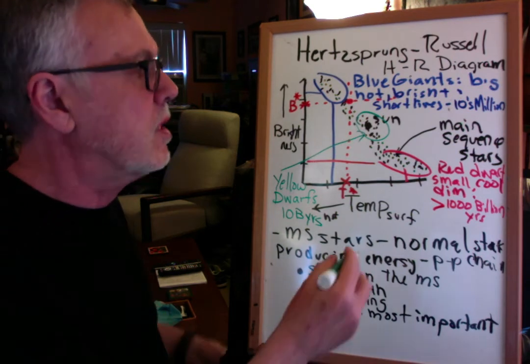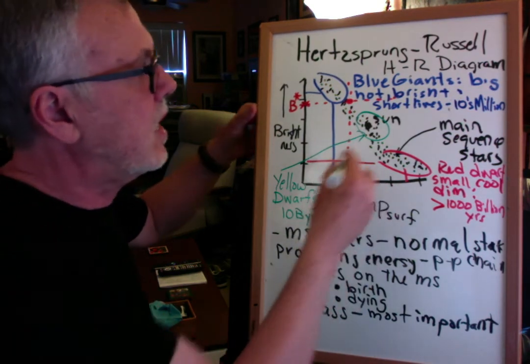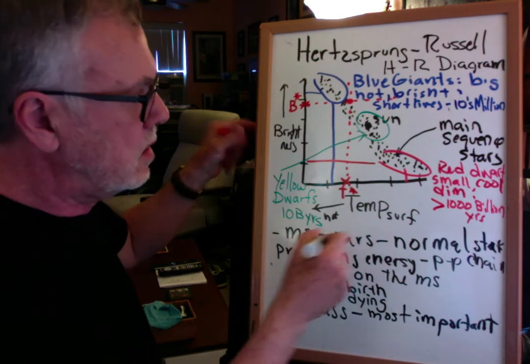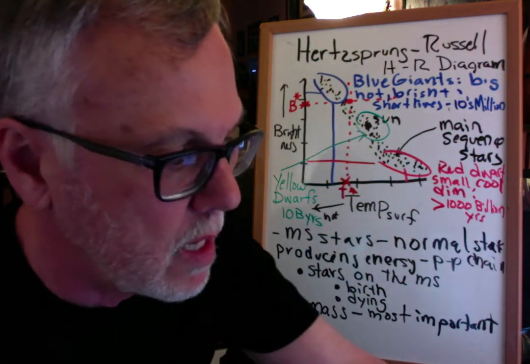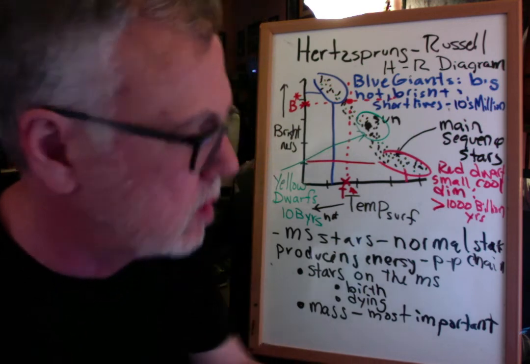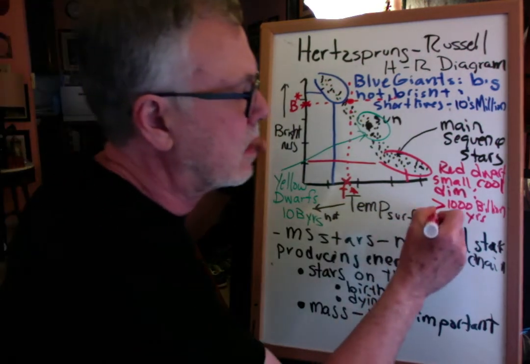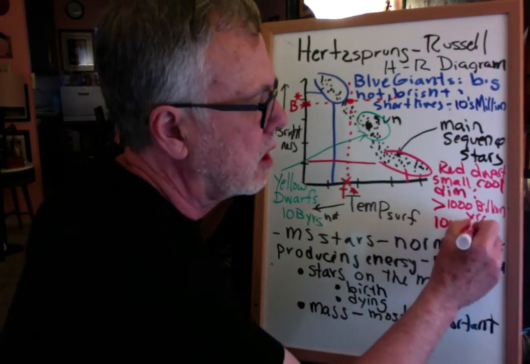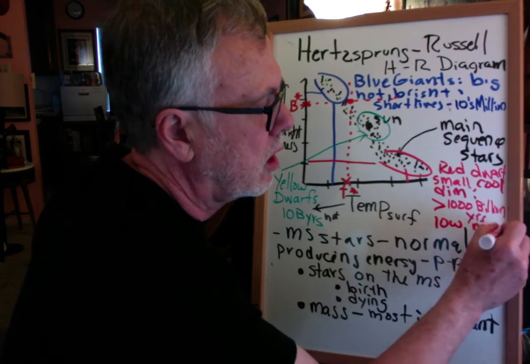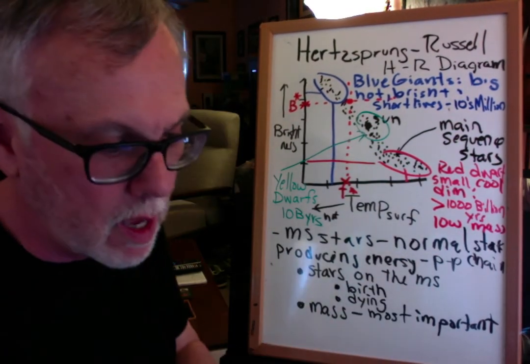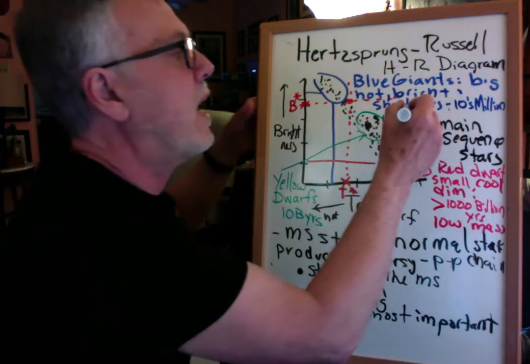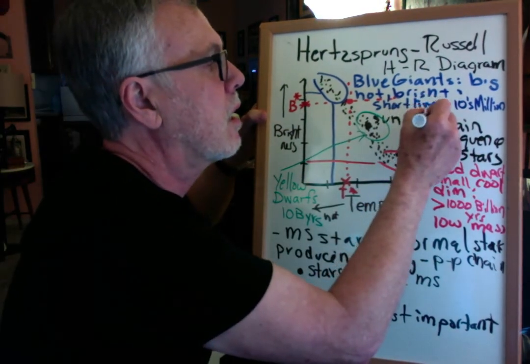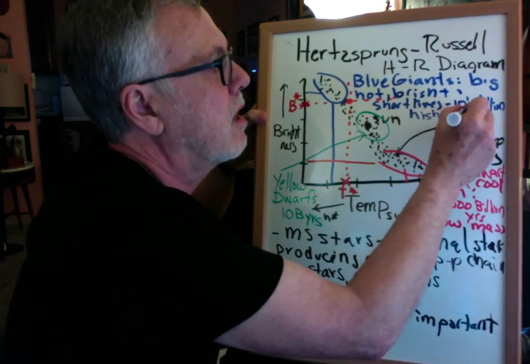So let's think about this. When you look at these things, the red stars down here are low mass. At the very top, these stars right here are high mass stars.